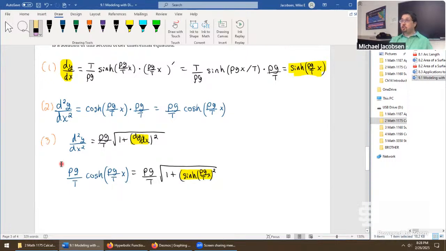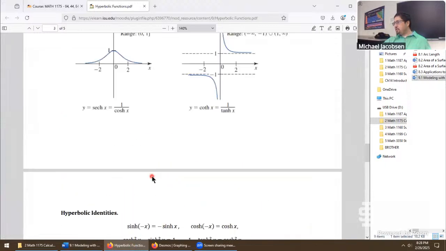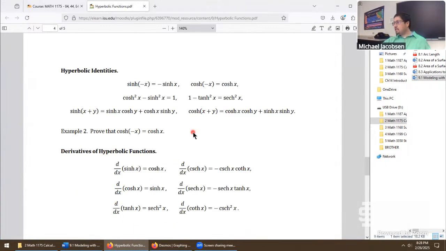Every single thing you did in a trig class can just be redone with the hyperbolic functions, every little bit. It's kind of weird. So if we go back to our cheat sheet here, let's take a look into the hyperbolic identities. This one right here is the most fundamental one because it came from the geometry of the hyperbola itself. Steal this one.